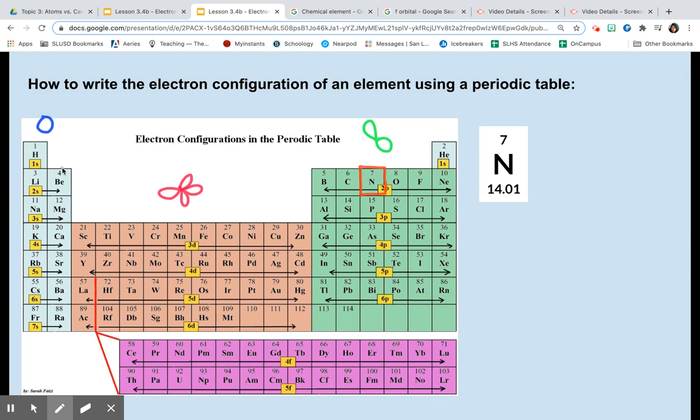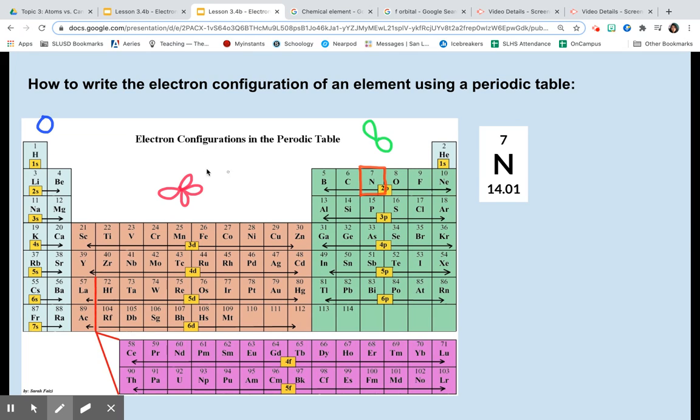And assuming that these atoms are neutral, the number of protons equals the number of electrons. So you're also just adding one more electron as you're moving across the periodic table, right? So if I continually move across the periodic table, describing all the electrons for all of these elements until I reach nitrogen, I can describe the same thing.